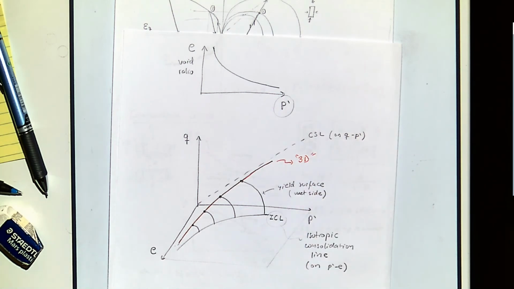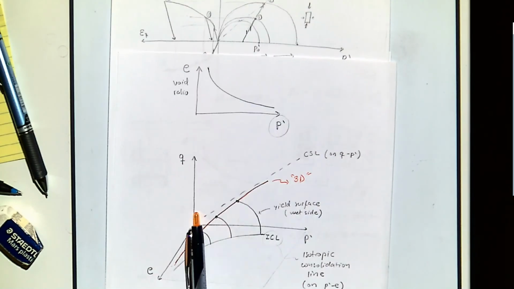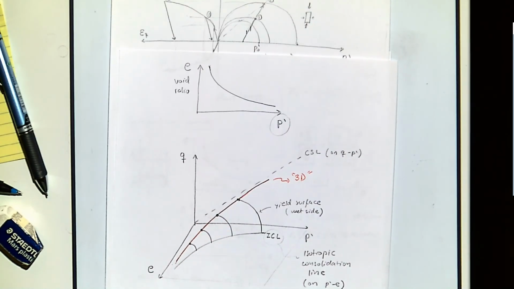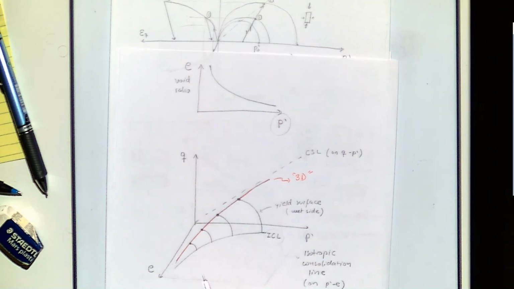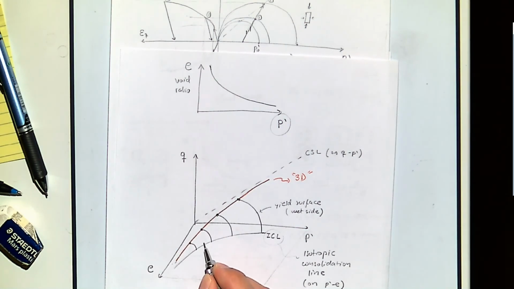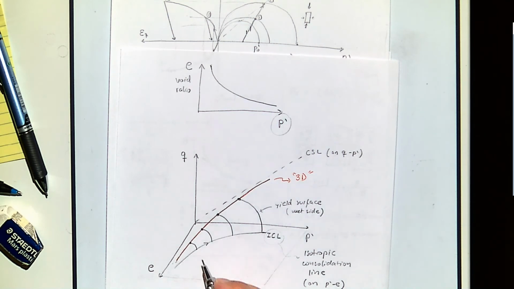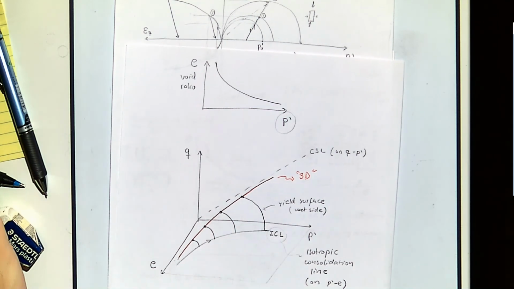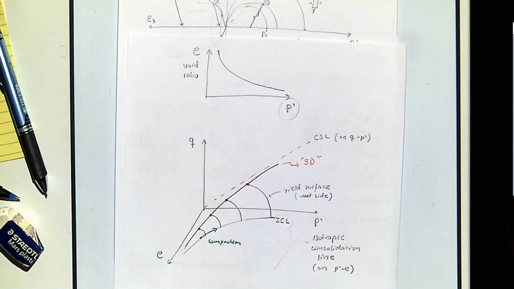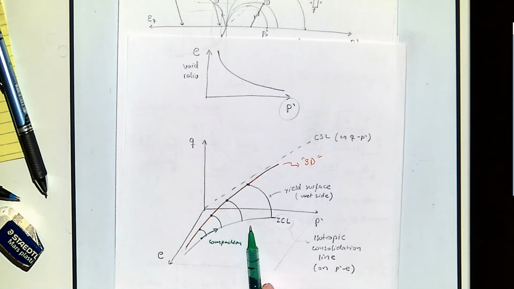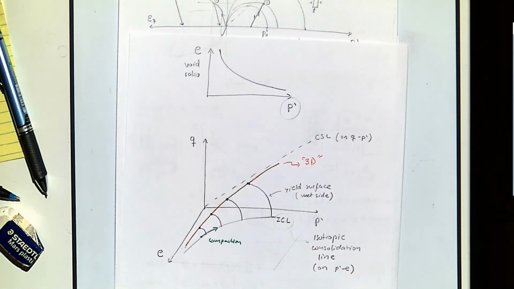And what we see over here are just sections of that. And what that means is that, for example, when we move from here to there, we're actually moving in this direction. So if I go from here to there, that's a compaction stress path, and we get into yield surfaces which are larger and larger every time.